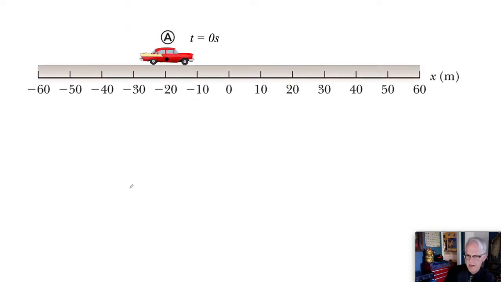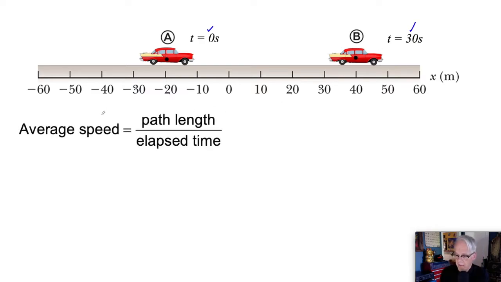Let's try this out in an example to see what it may look like. We'll describe the position of the car at two different points of time. Time equals 0, or where we might start our stopwatch, and time equals 30 seconds. Now remember, average speed is the path length divided by the elapsed time.